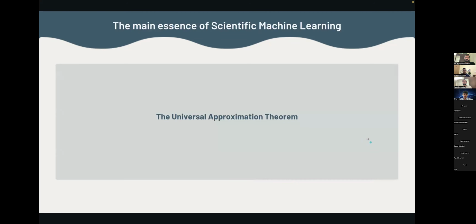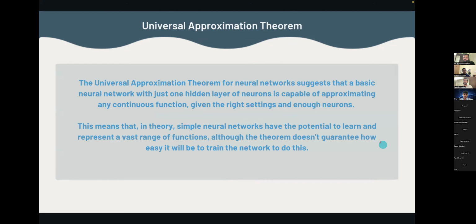Okay, so now we will look at this theorem, which is called the universal approximation theorem. The universal approximation theorem basically states that neural networks have the potential to learn and represent any function that is out there. Let's consider a hypothetical problem where you have data, and then you have a scientific structure, which is the initial equation.